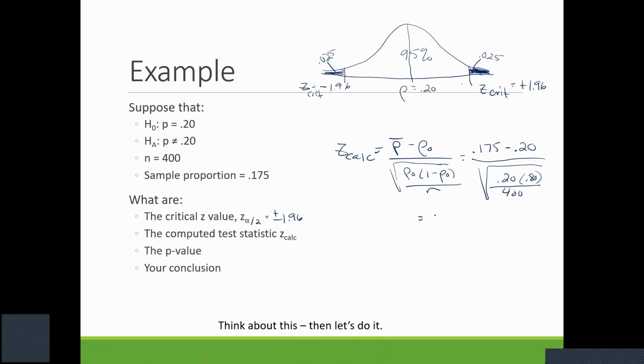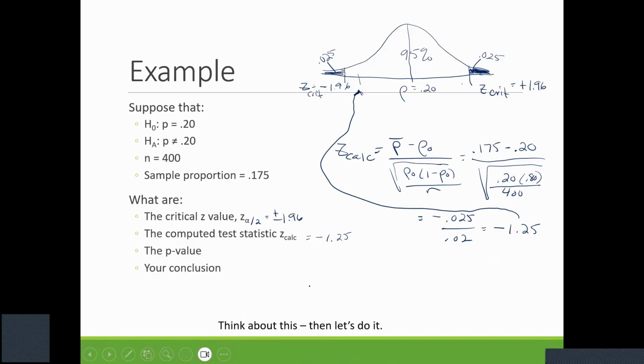So that equals negative 0.025 divided by 0.02, equals negative 1.25. And notice that that is right about there. So z calc equals negative 1.25.